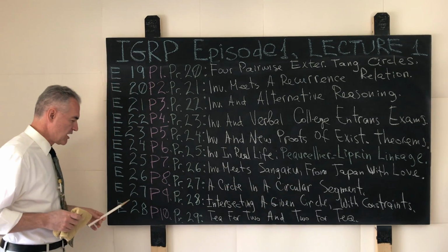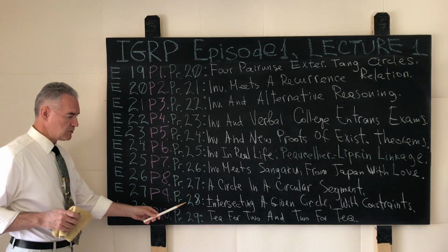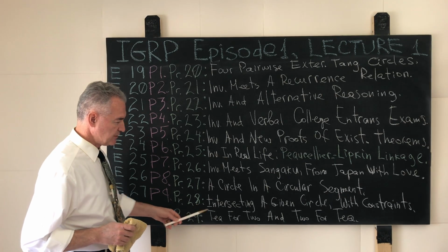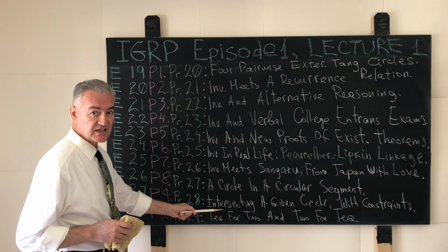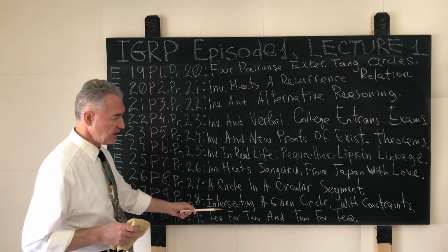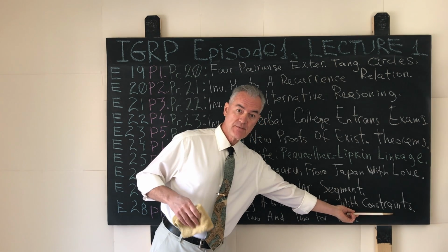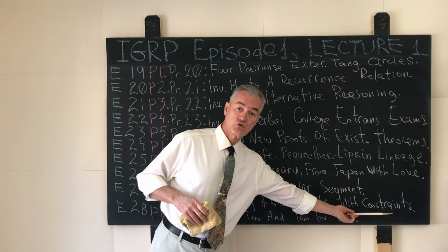Pick your favorite. In episode 27, practice 9, we will solve the problem number 28. And in this problem, we will deal with the request to intersect a given circle under a given angle. Basically, this extra material that makes these mathematical problems interesting comes with certain constraints.